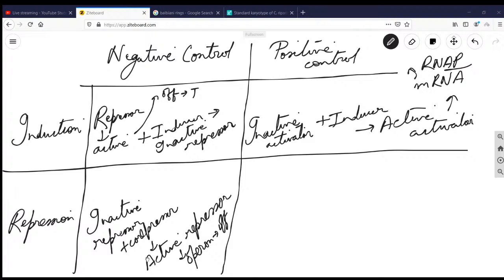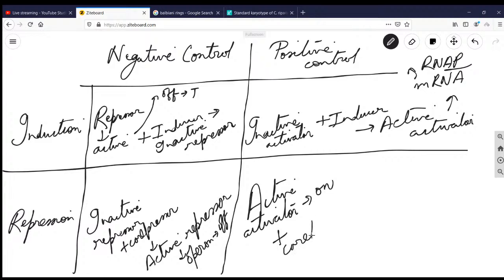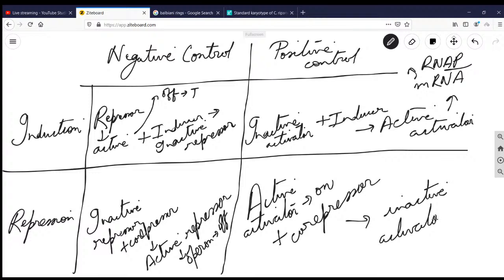And positive repression means the activator was active, so again the operon is on, but a co-repressor will come and bind, cause a conformational change, and make it an inactive activator which cannot recruit RNA polymerase.